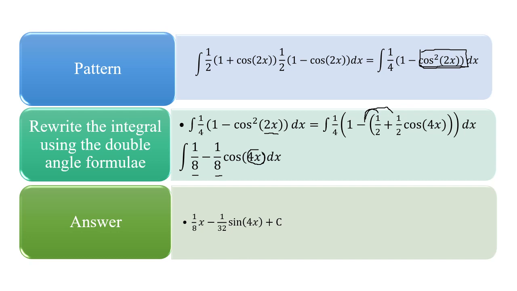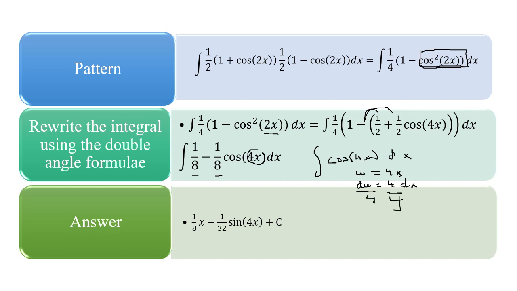So that's why I obtained the 32 here. And then again, the antiderivative of negative cosine is negative sine. Or if you want, you can just do a u substitution if you're not sure about that. If you want to integrate cosine 4x, if you don't see what happens, you do a u substitution where u is 4x, and so that means that du is 4dx, so dx is du over 4.